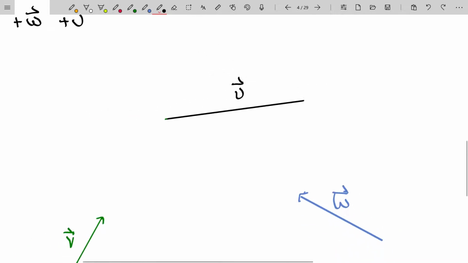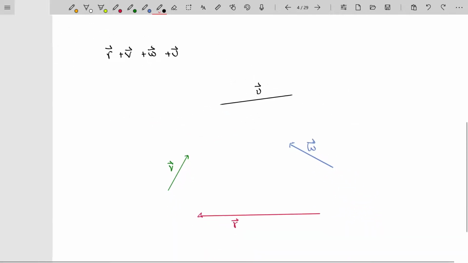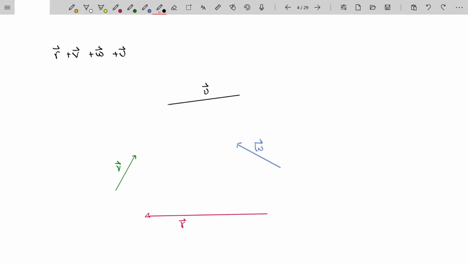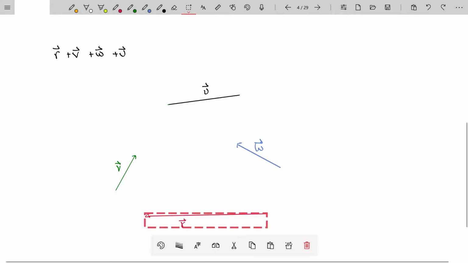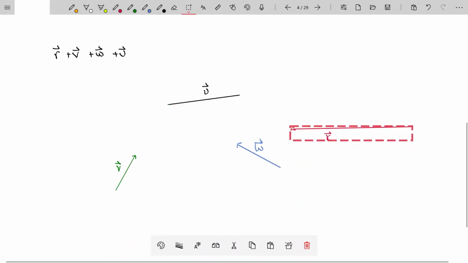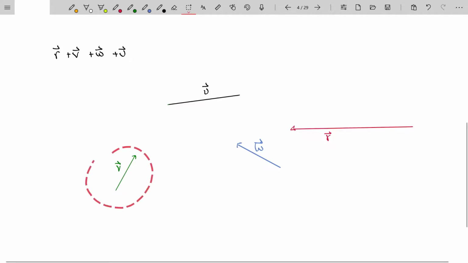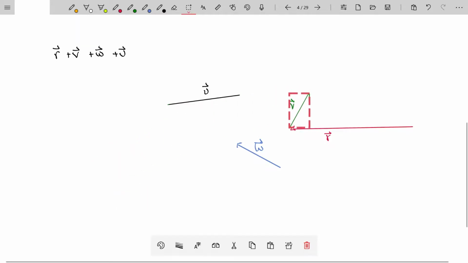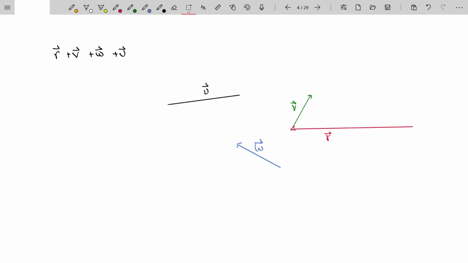All right, so let's go ahead and take r, add v, and then w, and then u. So I'm going to take r here. I'm going to give myself some room, so I'm just going to grab r and move it over here. And we'll take v and add that to it. And then we'll add w to that.